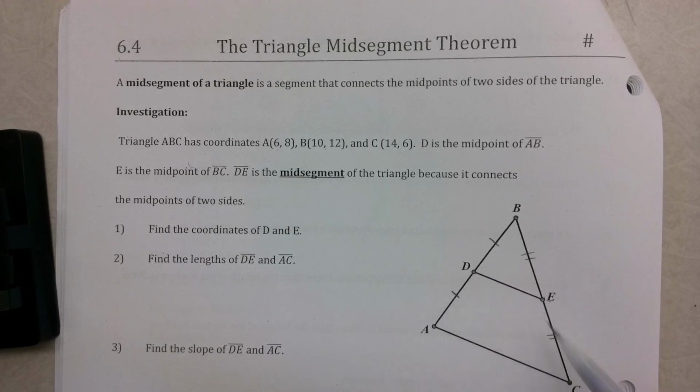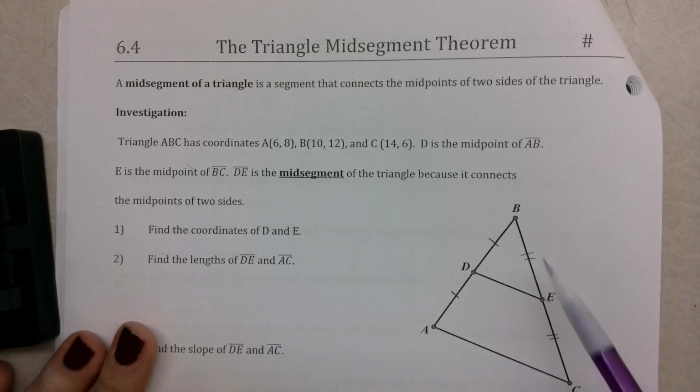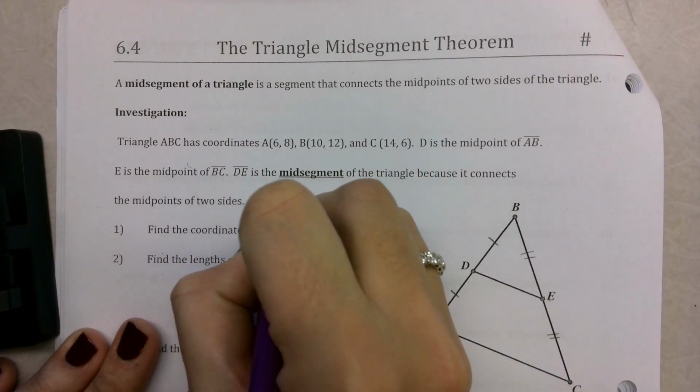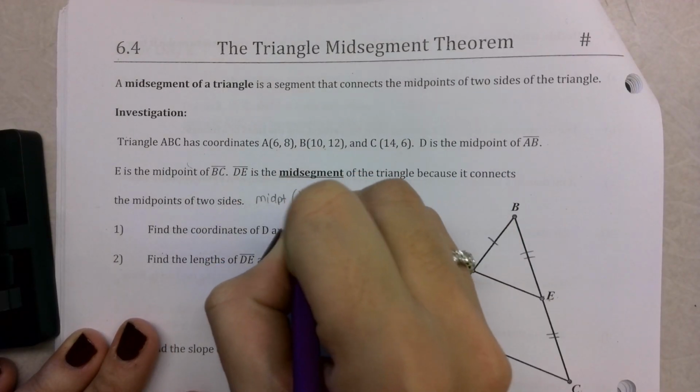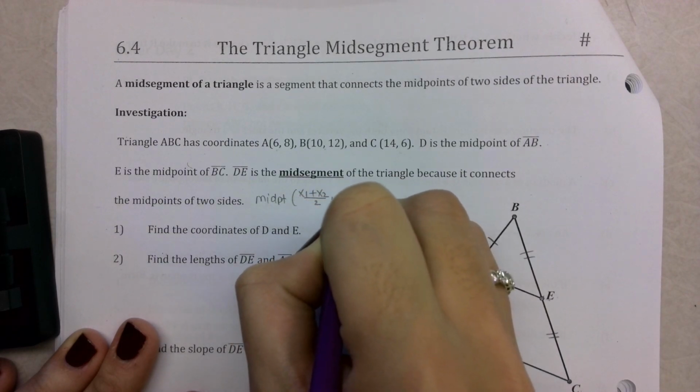So we want to find the coordinates of D and E, which means finding the midpoints of AB and BC. To jog your memory, the midpoint formula is the average of your x's and the average of your y's.